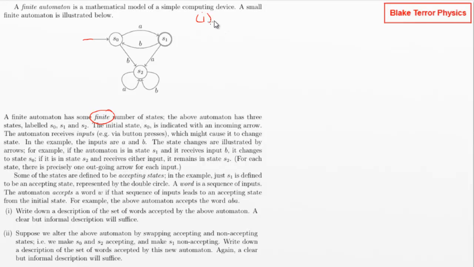So we must end at S1. That's what they've told us. So therefore, to end at S1, the last letter must be an A. So that's a good start. Then what else are we going to do? Well, we don't want to go to S2 because you can never leave.